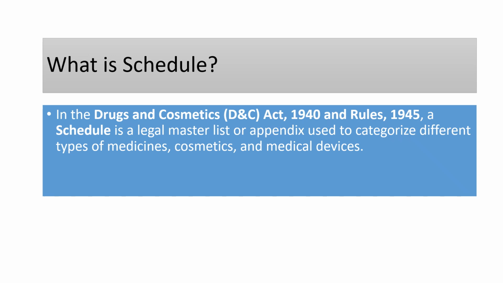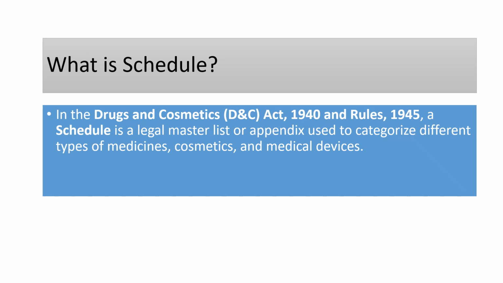We have lots of drugs and cosmetics, so we cannot categorize them into the same group, because many of them have higher potency, some of them have low potency, some are Schedule X drugs, some are toxic drugs, some are habit forming drugs.